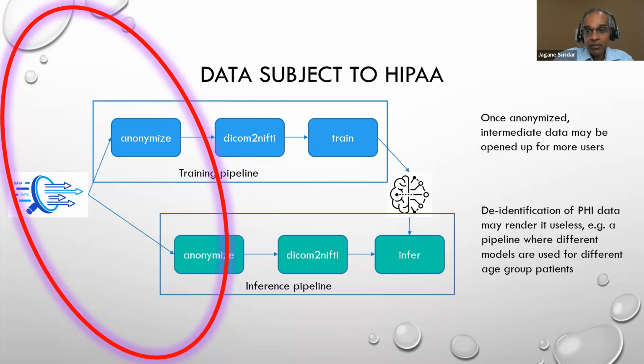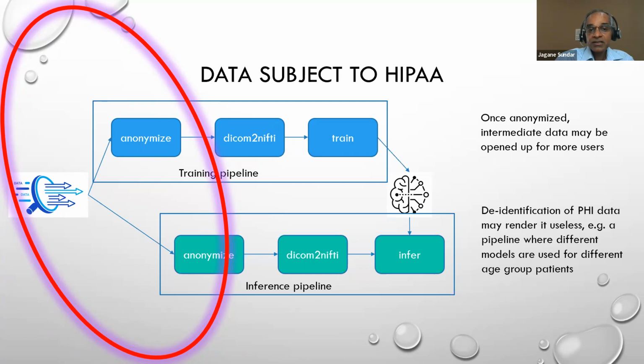Now, once anonymized, part of the de-identification of PHI data, according to regulations, requires that age data be removed in the anonymization process. I mean, this was well intentioned because it protects against age discrimination. On the other hand, we are using the age for a very useful purpose here, to determine which model to use.